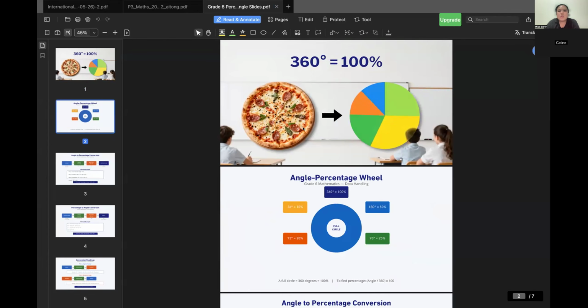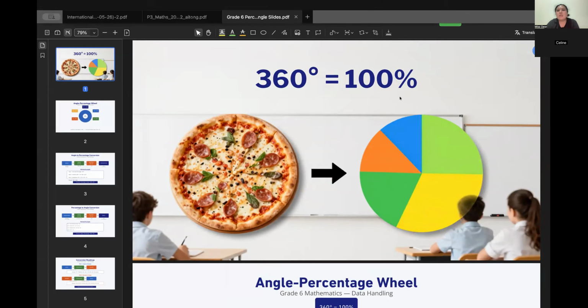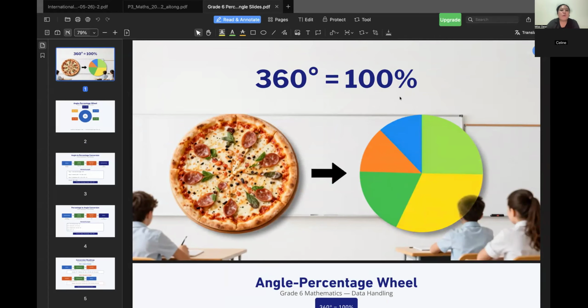In percentage, a full circle is the same as 360 degrees. Maybe you learned also in a previous grade, grade 3, maybe grade 4, a full circle, like a whole pizza, makes 360 degrees, like a clockwise. If it's a whole circle or a whole round, it's 360 degrees.